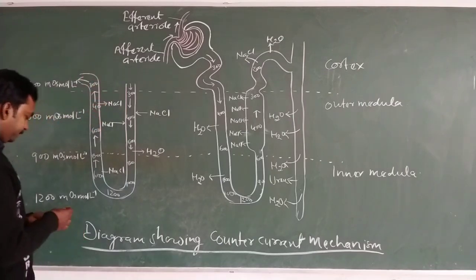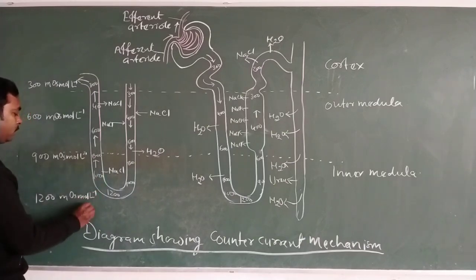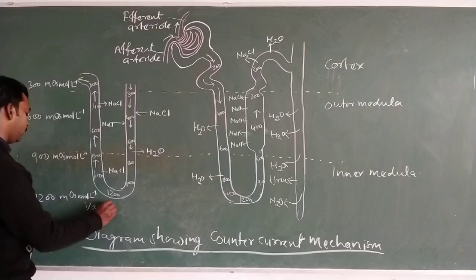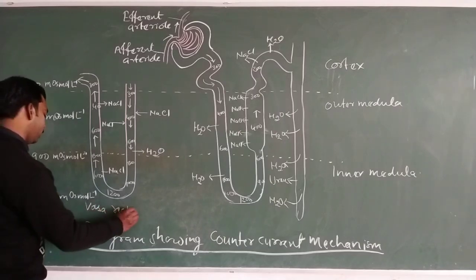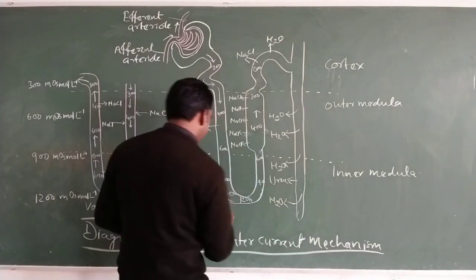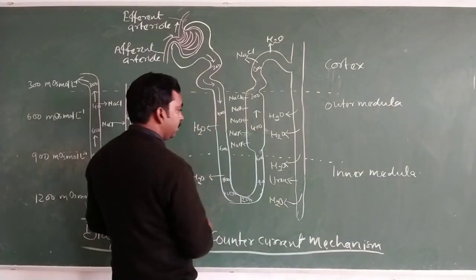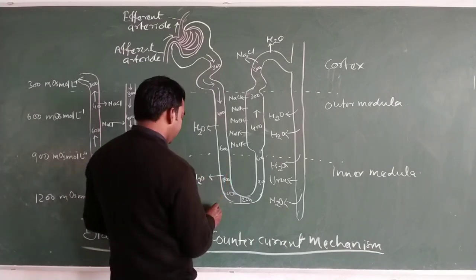Here is a pictorial representation of two structures. One is showing the vasa recta, and the other structure represents the tubules of the nephron.